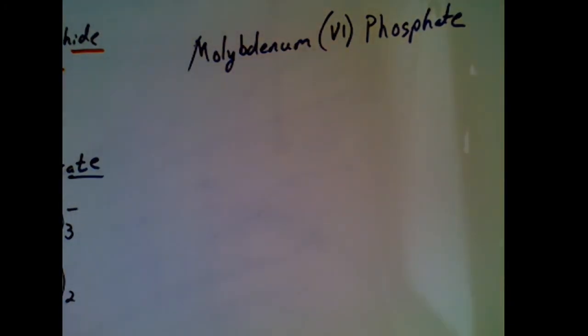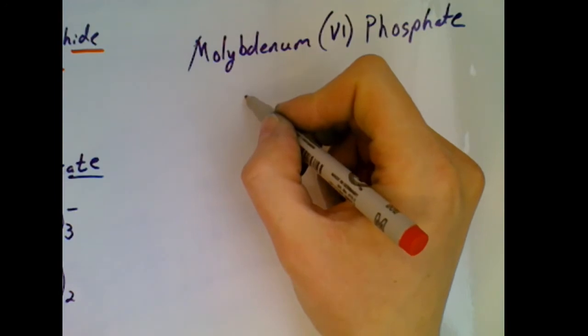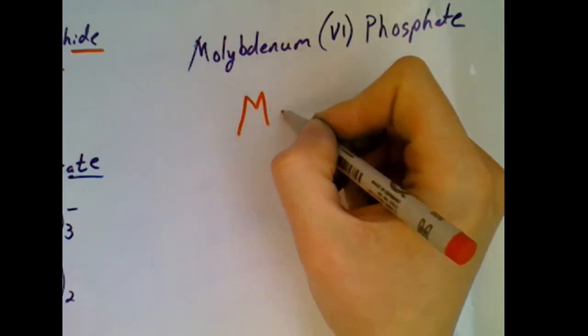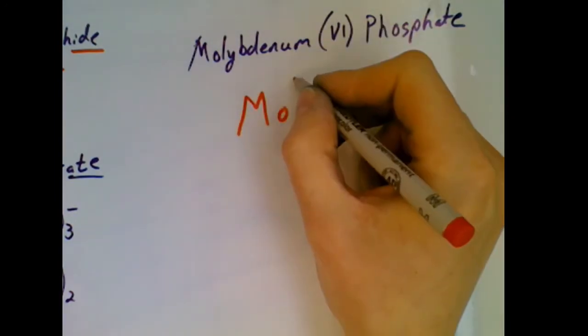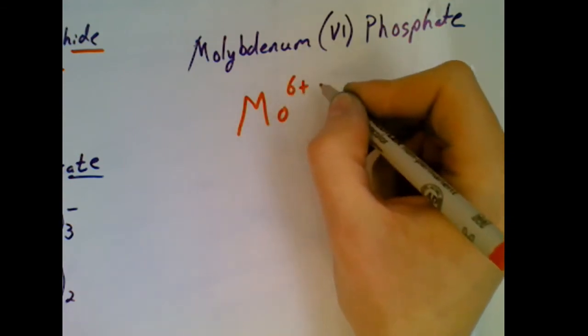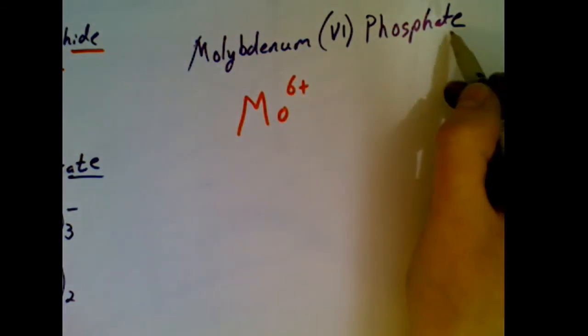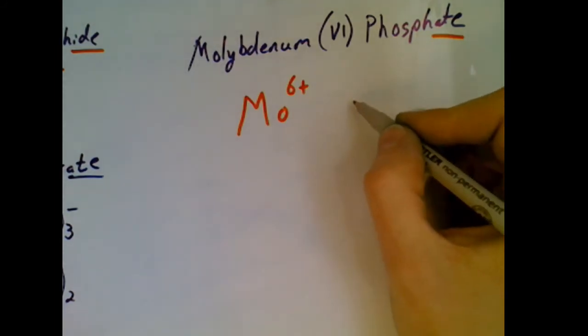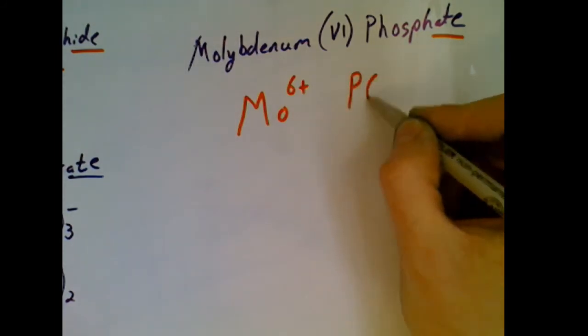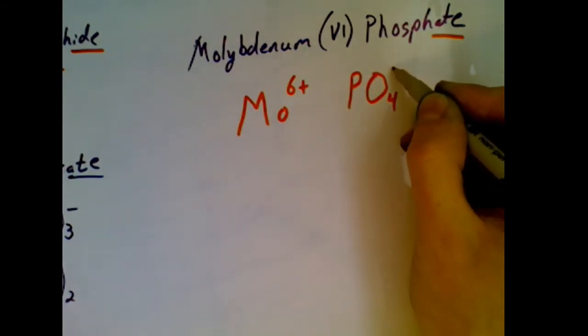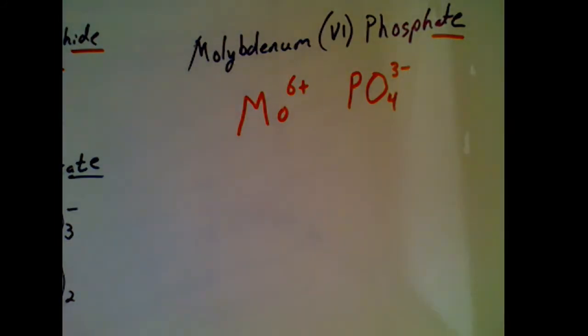Okay, so now we need to figure out what this is. Molybdenum is Mo. 6 means it has a +6 charge. And phosphate ends with ATE, so that's got to be a polyatomic, and it is PO4 with a -3 charge.